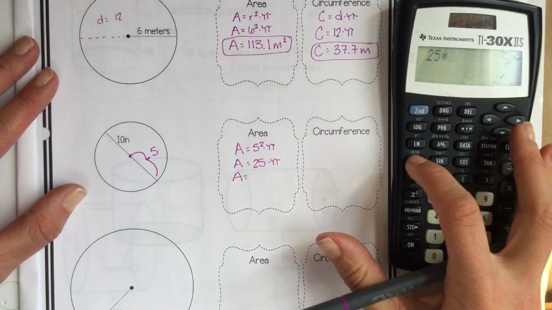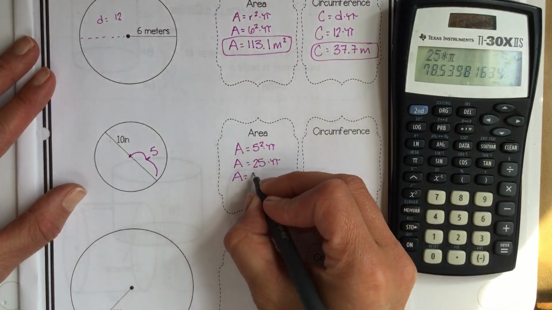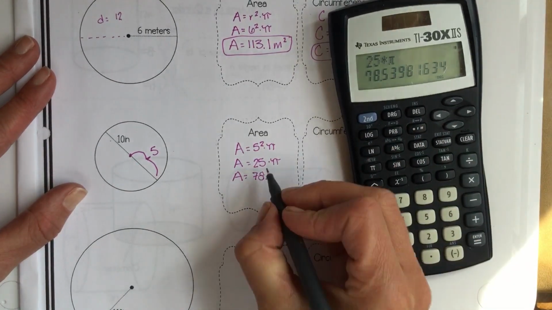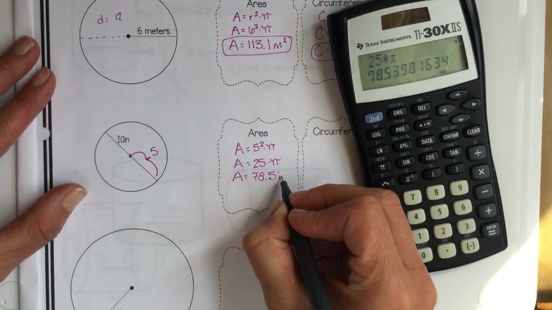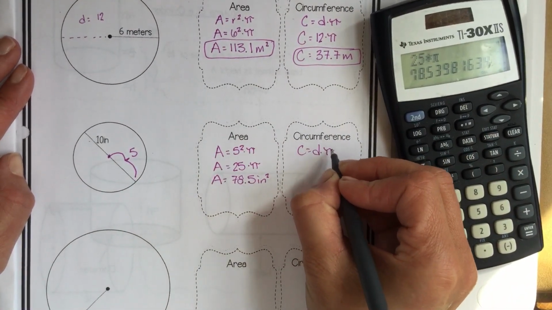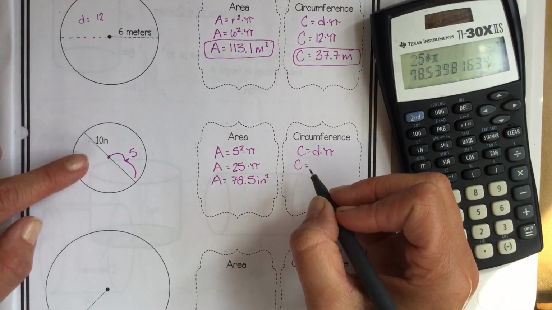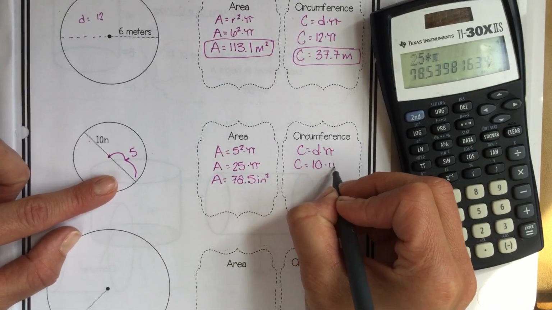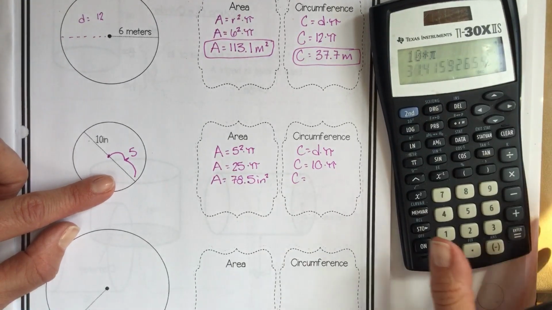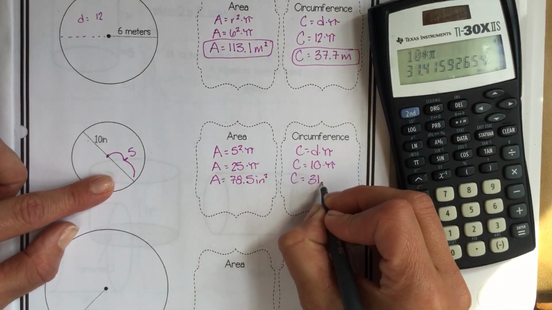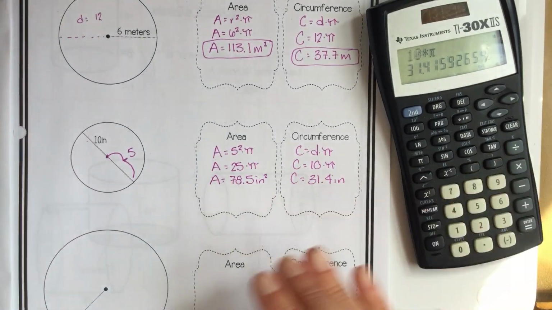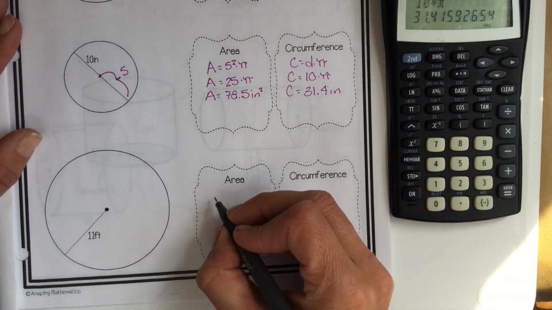So 25 times pi equals 78 point, and the 3 does not make the 5 go up, so it just stays there. Circumference, diameter times pi. So the diameter was 10 times pi. If I did 10 times pi, 31.4 inches.